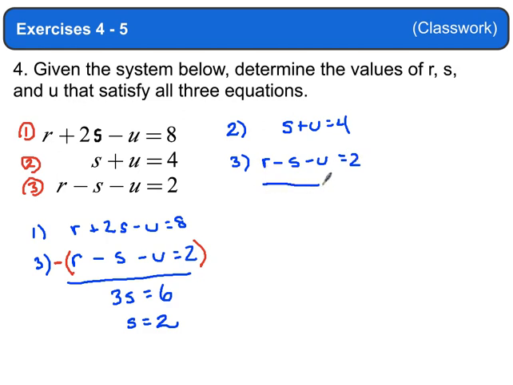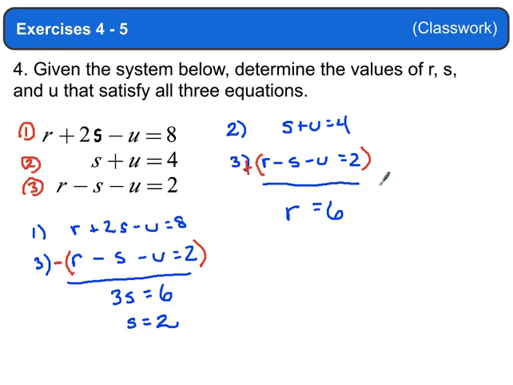And the reason why I'm making that choice, if you notice the variable patterns, the s's are opposites and the u's are opposites. So I'm going to choose to add these columns. And when I do that, we're going to have s's canceling, u's canceling, and we're going to find out that r is equal to 6.